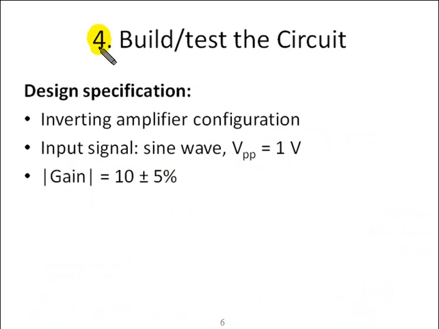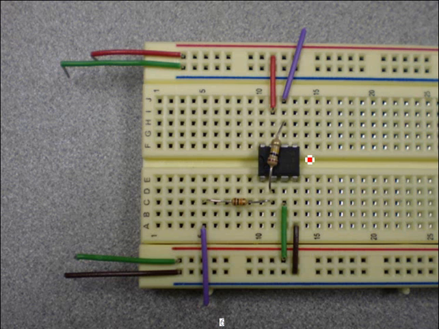Now we're going to build and test the circuit to see if it meets our design specifications. The op-amp chip we used in this circuit is 741. The red wire is connecting to the positive power, and the dark wire to the negative power.